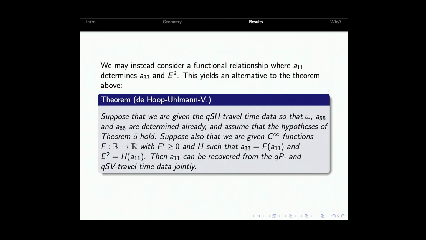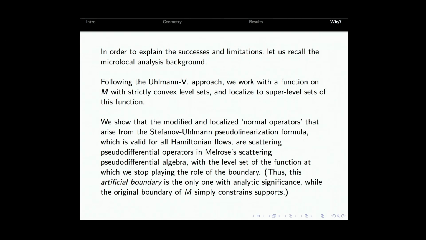So for perturbations of the isotropic case, if you want a big family of perturbations, this would be true. And so the upshot is then you can recover A11 from the remaining wave speeds, and hence everything else. Okay, so that's what we can do right now.